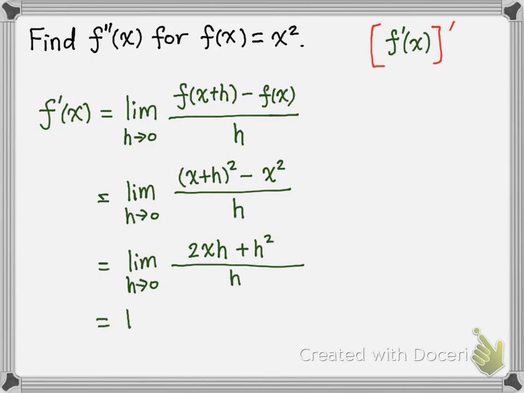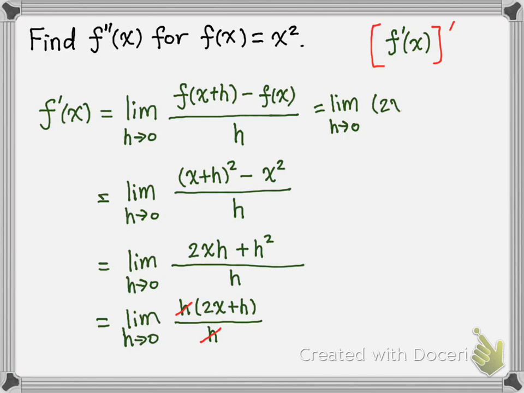Now you can factor out the top. Factor out h, you get 2x plus h all over h. Then you will see cancellation. But then what is left is the limit as h goes to 0 of 2x plus h.